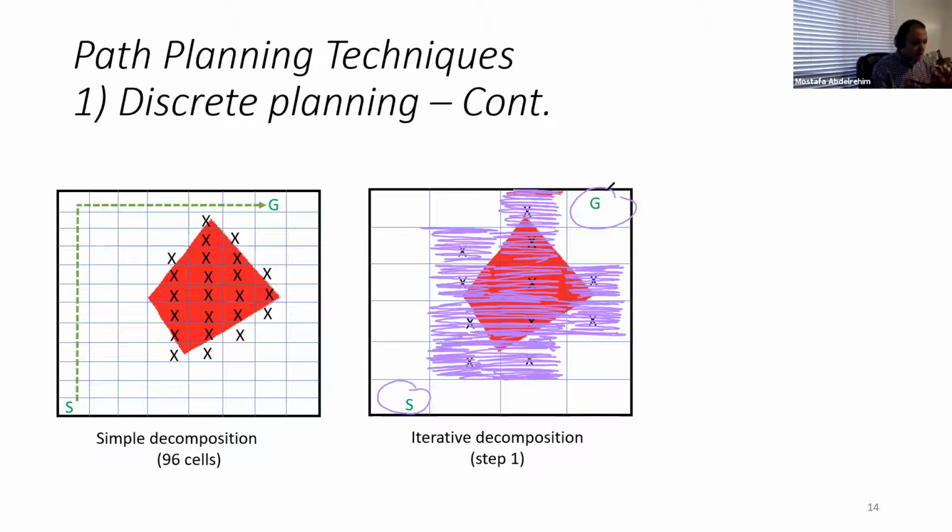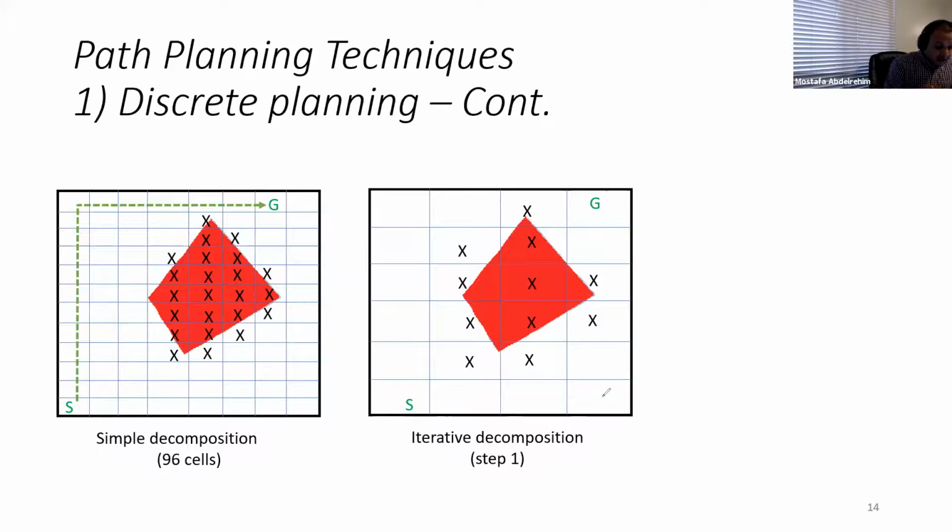We will only decompose the cells that are mixed. For example, this cell here can be considered completely free. There is no intersection with the obstacle. This is also completely free. This is completely busy, or occupied, name it whatever.